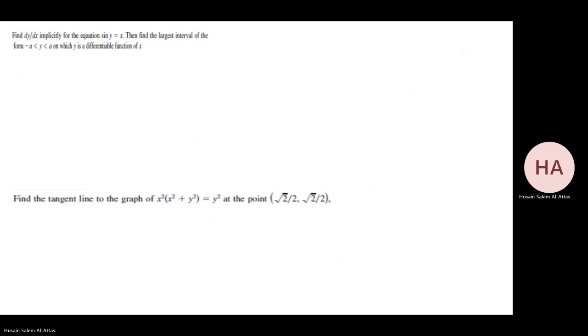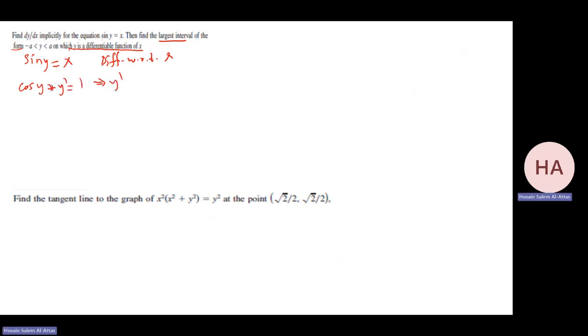I know if I differentiate sin y equal x with respect to x, and to find the largest interval of this form, or y between minus a and a, in which y is a differentiable function of x, I have what? Cosine y times y prime equal 1.